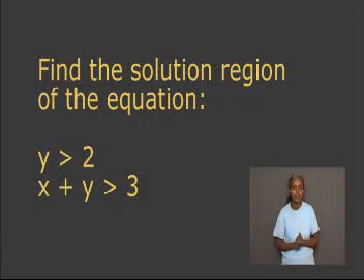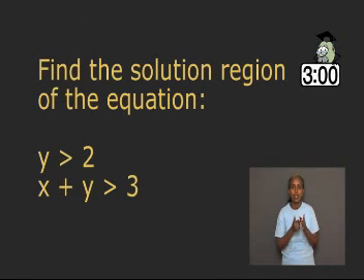We have time for one last activity, students. Find the solution region of the equation y is greater than 2 and x plus y is greater than 3. Students, let's get ready. Begin.